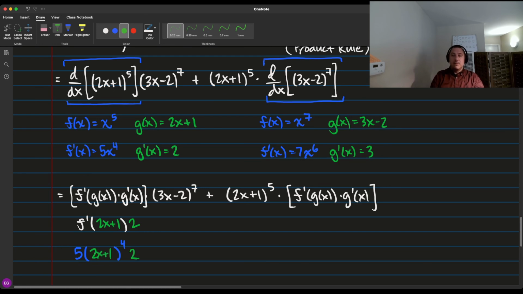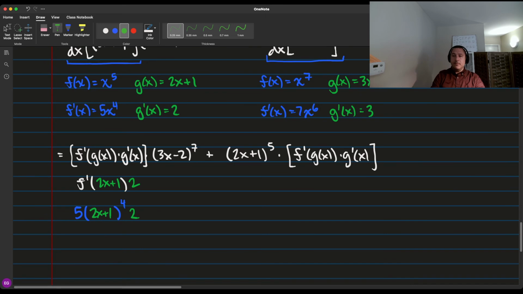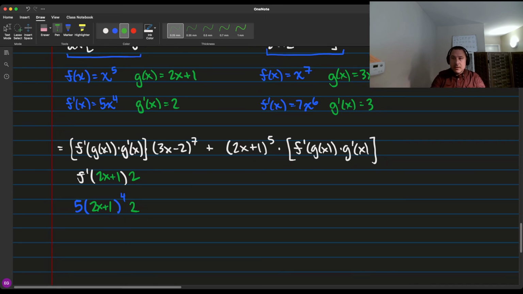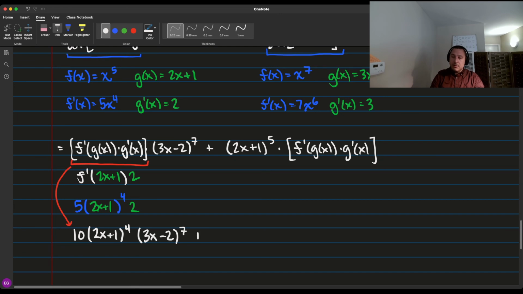And then you're multiplying that by 2, which is going to give us 10 times (2x+1)^4. That is what all of this became, and there's the work for it. Okay, what is that going to have to be multiplied by? (3x-2)^7. You're going to add to that (2x+1)^5, and then we have to figure out what all of this here is going to be equal to.